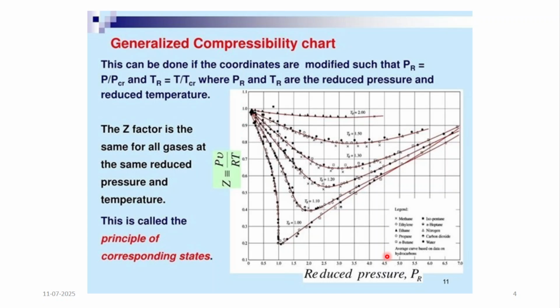This is a bit easy to understand because when you express in terms of critical temperature and critical pressure, all these gases at the same reduced temperature and pressure will have a similar compressibility factor. So their compression, their expansion, all those things will be similar. So they behave the same.